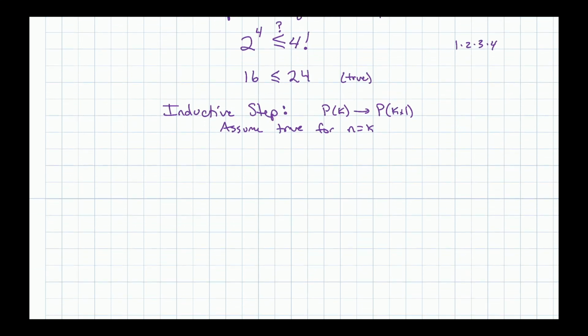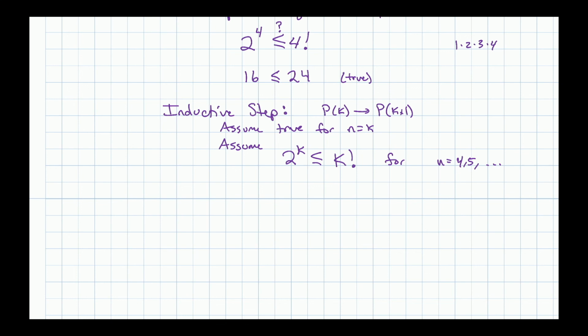Specifically, we are assuming 2 to the k is less than or equal to k factorial for k starting at 4, because we started at 4.